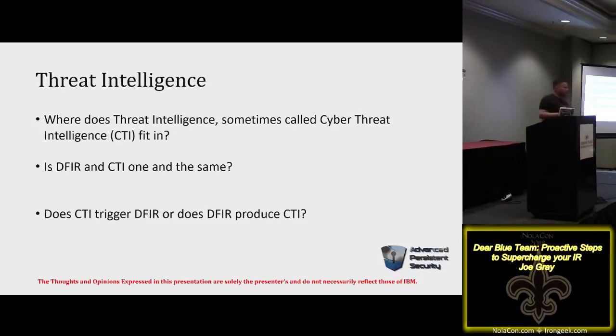When you have those IDS signatures, or you put things through a SIEM that has a threat intelligence feed, like for example, AlienVault's USM or OSSIM with the OTX feed coming in it. If something comes in that matches that, you're going to get an alarm that will trigger your incident response process. So that kind of answers that last bullet of, does threat intelligence trigger incident response, or does incident response produce threat intelligence? Which is it?